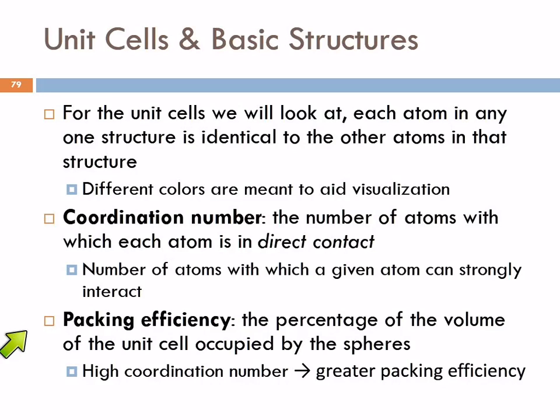So packing efficiency measures how much empty space there is in the solid. If we have a high coordination number, we will generally have a greater packing efficiency. The more atoms that are touching a given atom, the less empty space there will be, and so the greater the packing efficiency.